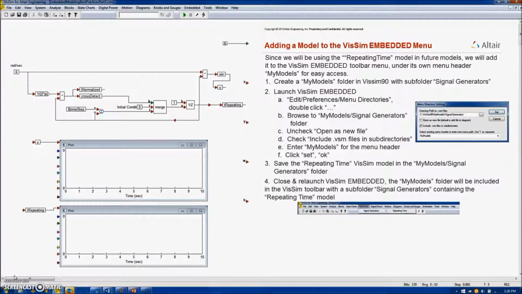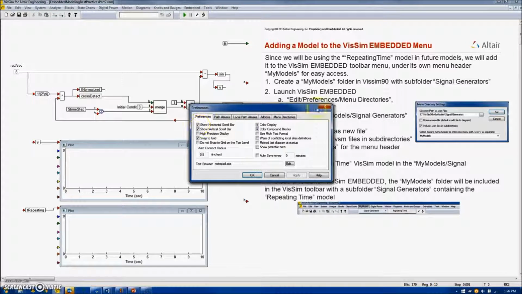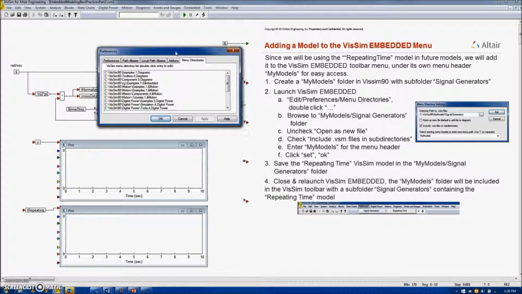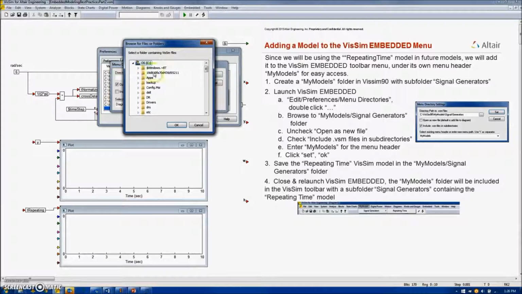I will launch VisSim, go to Edit, Preferences, Menu Directories, and go way to the bottom, click on the ellipsis, and this is where we define where our models will be located. So the first thing we need to do is to browse to the model folder.